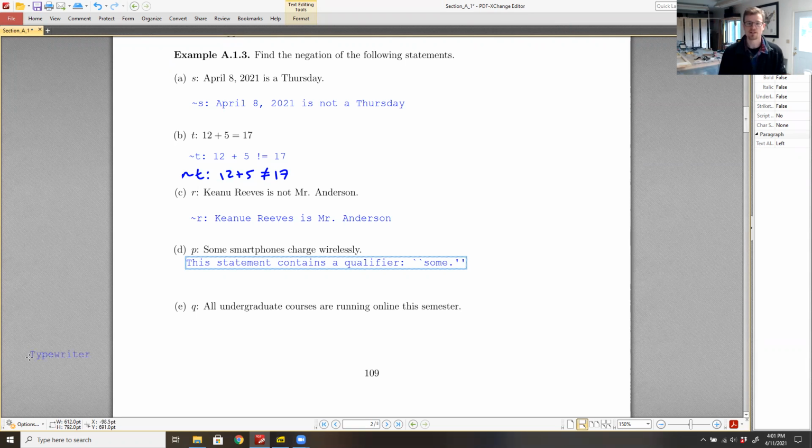I can't just say some smartphones don't charge wirelessly, or some smartphones do not charge wirelessly. That's not the correct negation. If I want to negate it, what I actually need to do is say that no smartphone charges wirelessly. So the negation of P would actually be that no smartphone charges wirelessly.